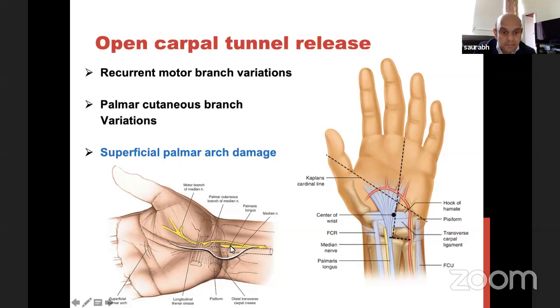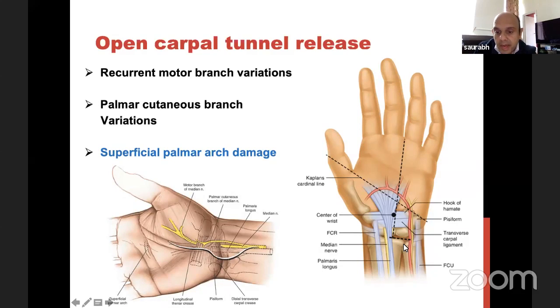So if you see the median nerve, transverse carpal ligament, 4-5 centimeters, that's where the palmar cutaneous branch to your thenar eminence is given off radially. And the recurrent motor branch is extraligamentous at Kaplan's point, where the transverse carpal ligament finishes.